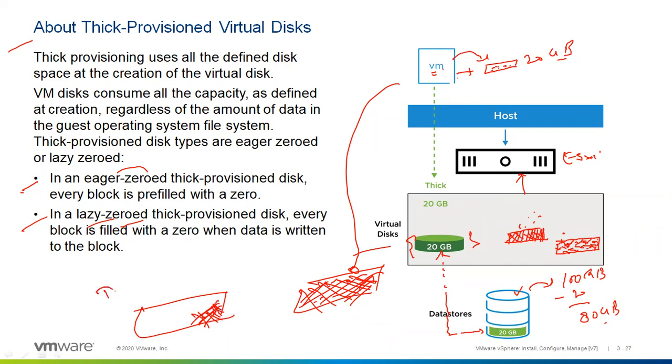That's why thin provisioning is faster, but data performance is a bit slower during the data write until my disk gets full. Here, my provisioning always takes time because of zeroed out space. But when I write my data onwards, it will be the faster performance.